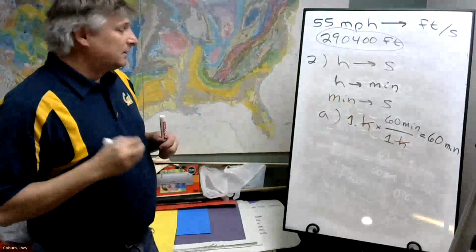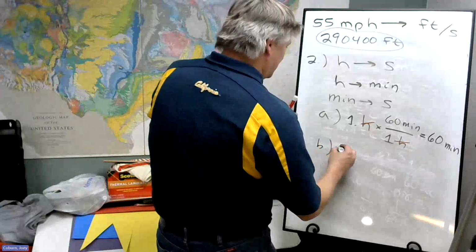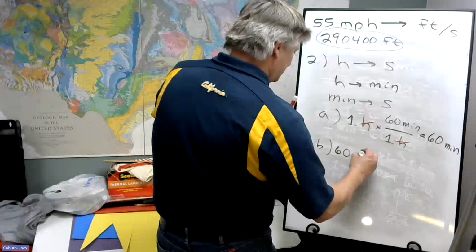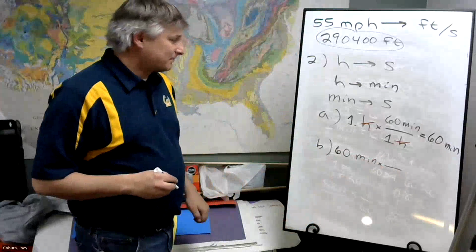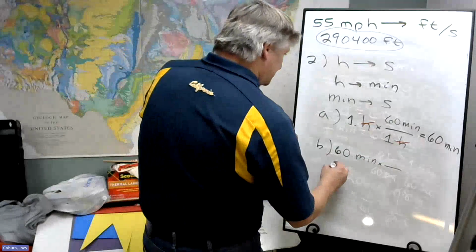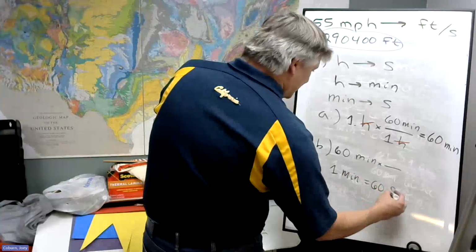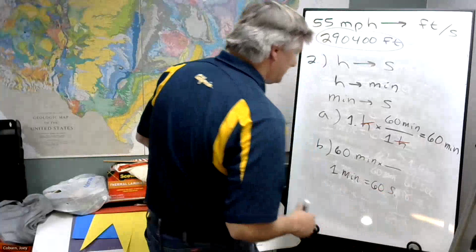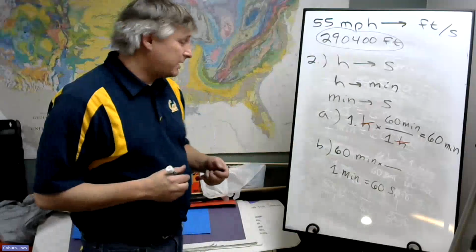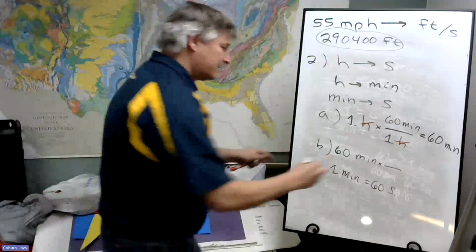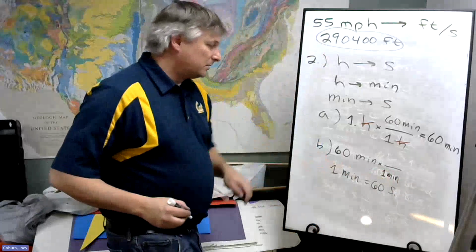Okay. Now for part B, 2B, let's go 60 minutes. We want to turn it into seconds. So we have the relationship that 1 minute is 60 seconds. So we want minutes to cancel and leave seconds behind. Minutes is in the top, so that means we need to put the 1 minute below.